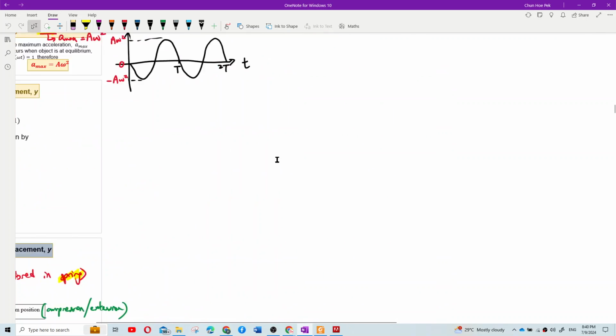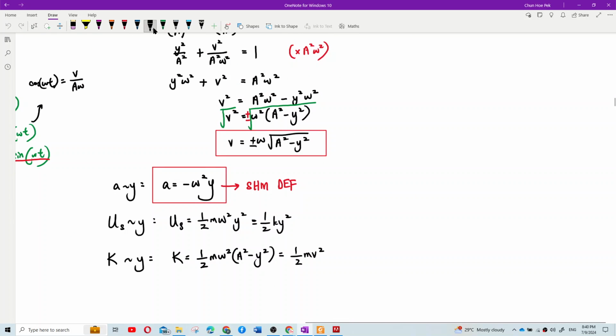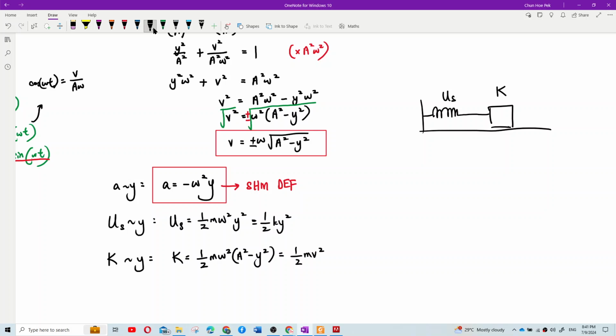Because as I said, for a spring-mass system, inside the spring there is elastic potential energy, and inside the block there is kinetic energy. The block is going to and fro.